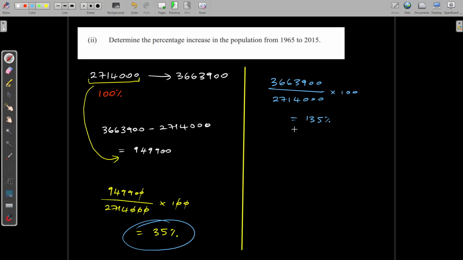So since this is 100%, and we get 135%, the increase would be 35%.